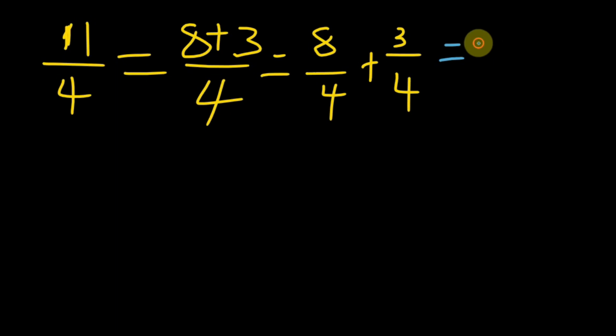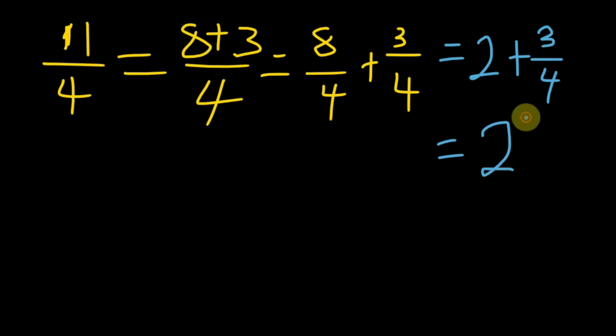We have 4 twice in 8, plus 3 over 4, which can finally be written as 2 whole number 3 over 4 as a mixed fraction.